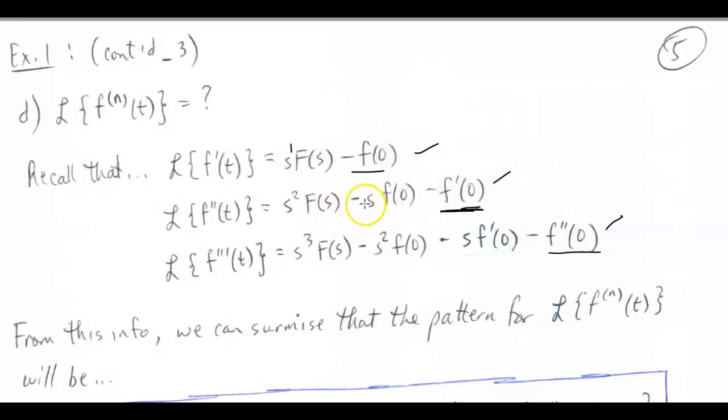The in-between terms, as we see here, would be s raised to the 1 times the derivative of order 0 here. And for the third order, we have s raised to the 2 times order 0, and then s raised to the 1 times order 1.